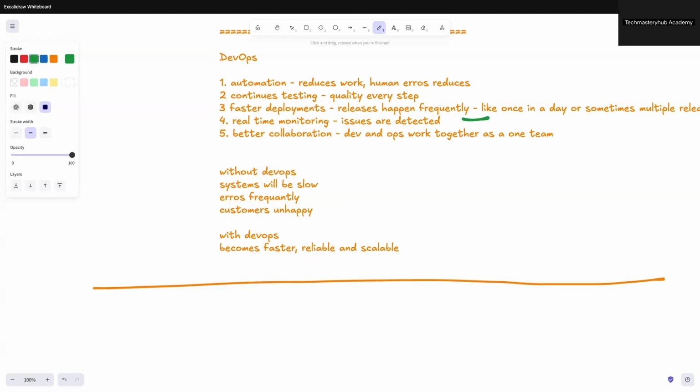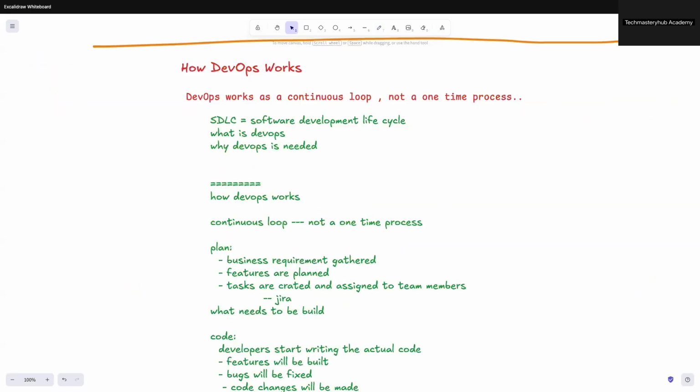Now we will see how DevOps works and what is the DevOps work cycle or life cycle. So now let's understand the heart of DevOps, the DevOps lifecycle. Till now, we understood SDLC, the software development lifecycle.